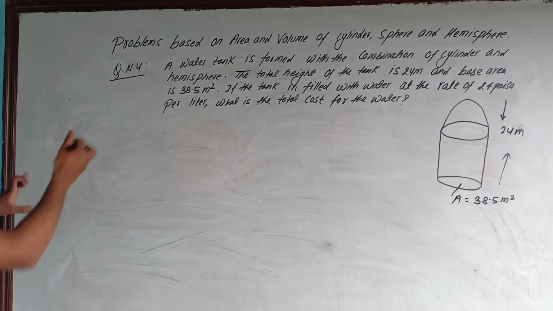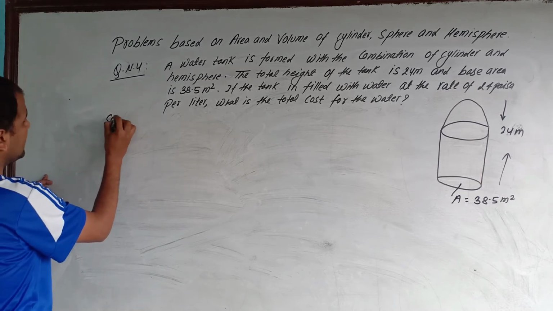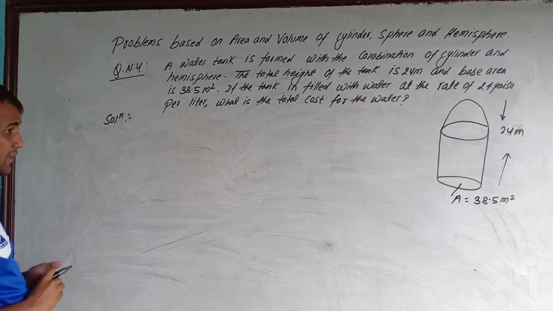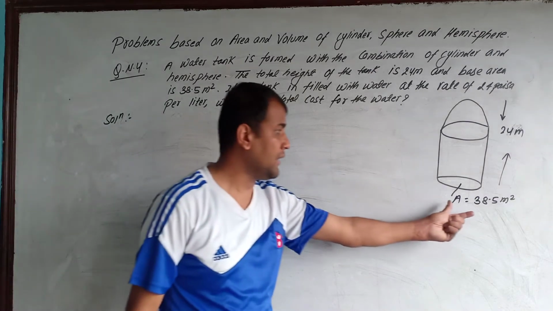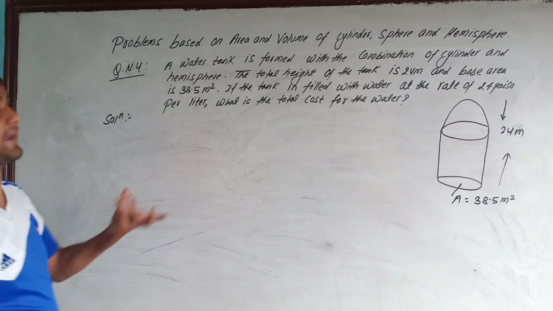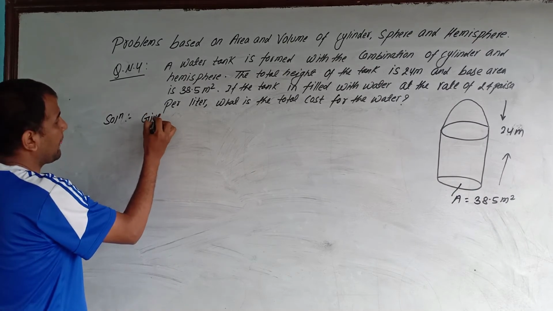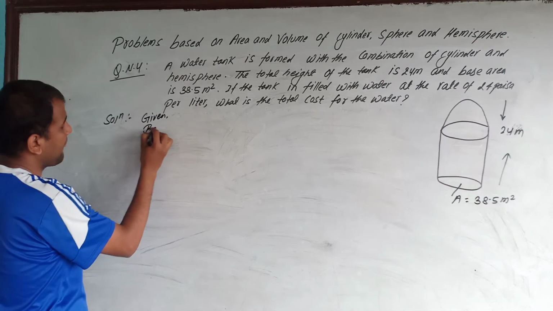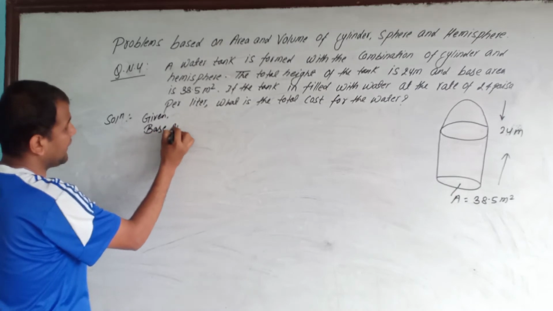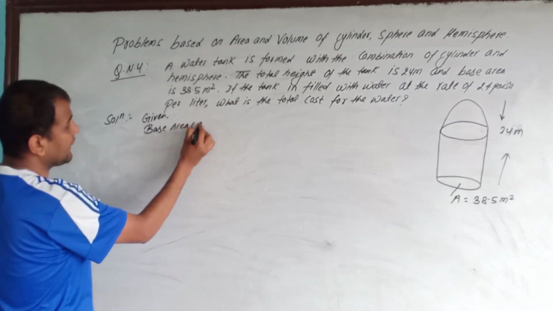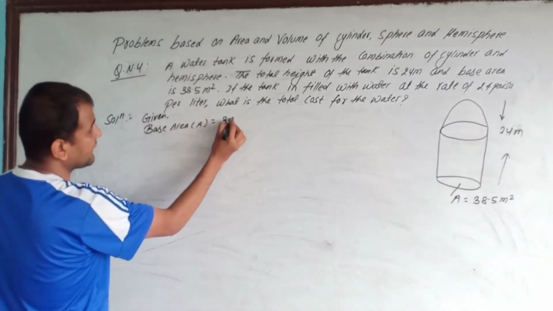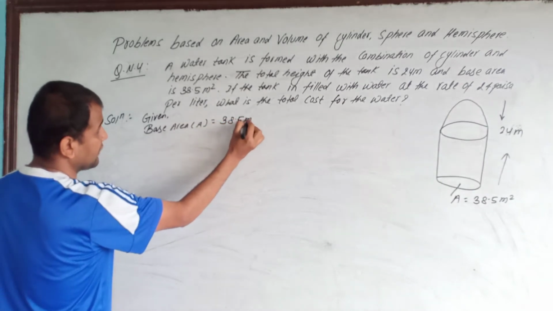Firstly, the base area is given here. By using the base area, we find the radius of the tank at first. Given base area A is equal to 38.5 meters square.